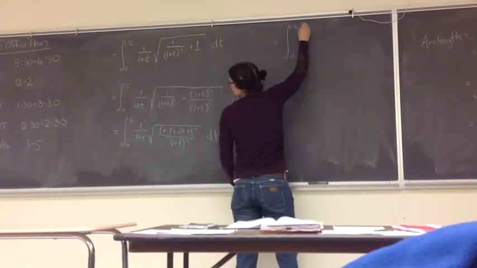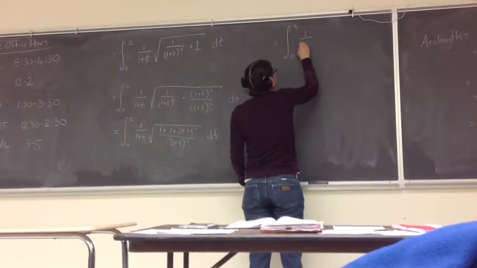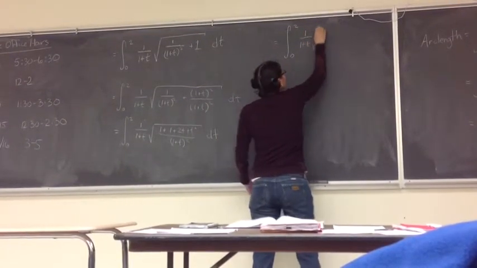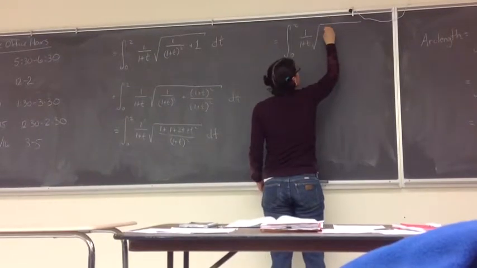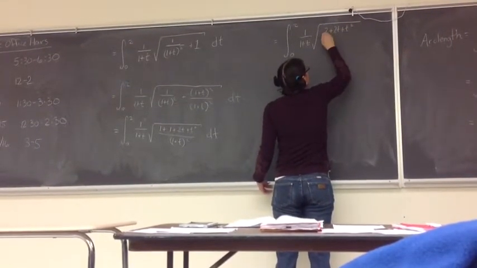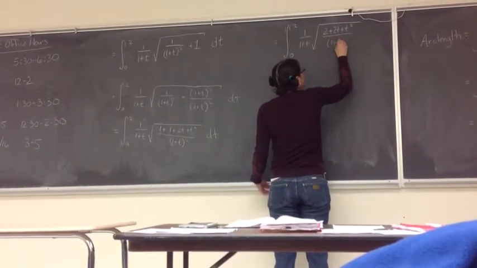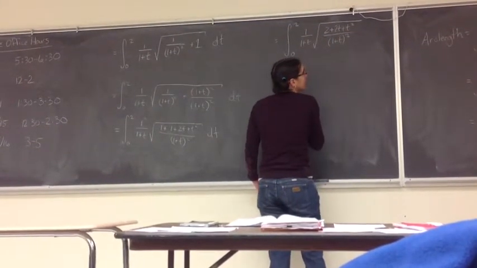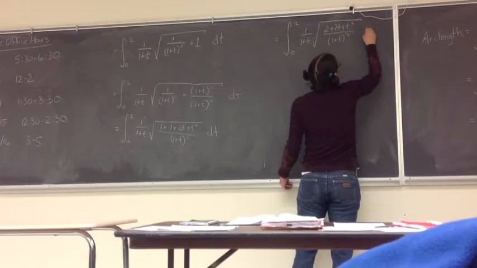And so we've got the integral from 0 to 2 of 1 over 1 plus t times the square root of 2 plus 2t plus t squared divided by 1 plus t squared dt.